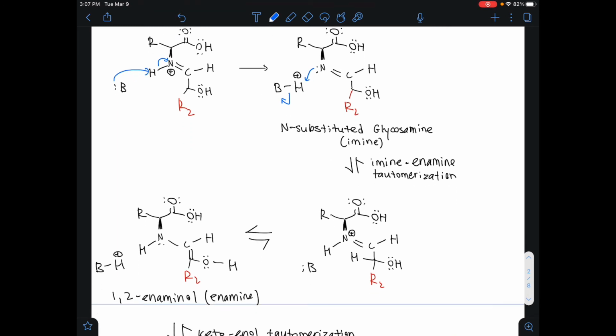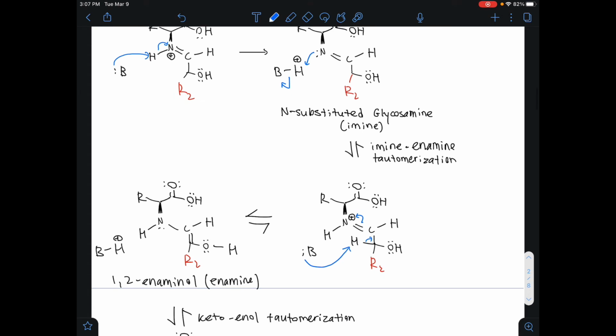Then a base comes and deprotonates this carbon, and these electrons move here, and then subsequently the double bond here moves towards the nitrogen, which results in the lone pairs ending up on the nitrogen, and that gives the nitrogen a neutral charge, and it forms the 1,2-enaminol.